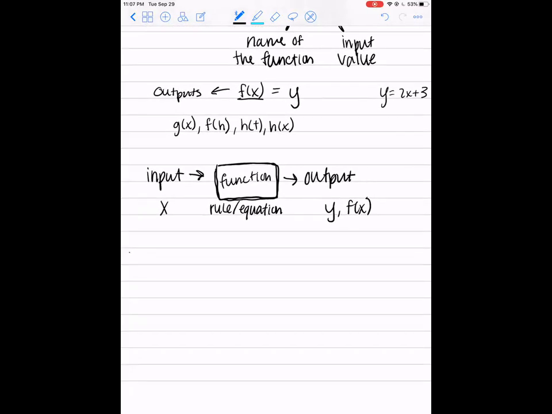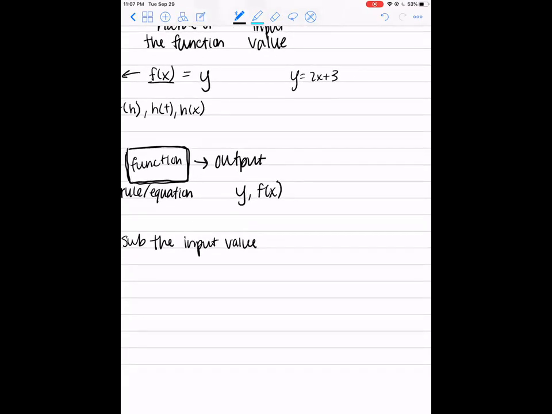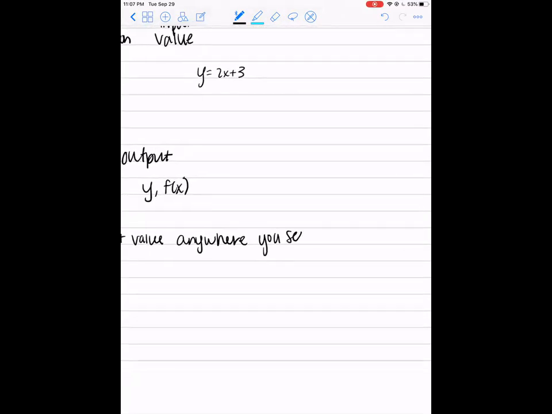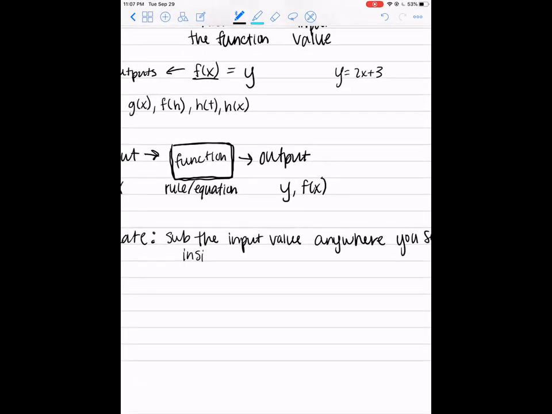So in order to evaluate, all you do is substitute, I'm just going to write sub, the input value anywhere you see an x, or whatever the variable input is, or the letter inside the parentheses, and that's talking about in function notations, inside the parentheses.